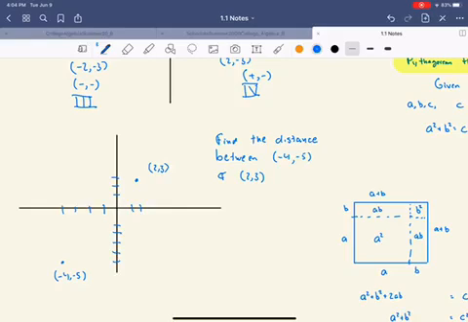Okay, now later on we'll get a formula, but right now we don't have to think about it so much as a formula. What I'd like us to think about is, let's imagine that we had another point down here. If I make a right triangle out of here, this point is going to have the x-coordinate being 2 and the y-coordinate being -5.